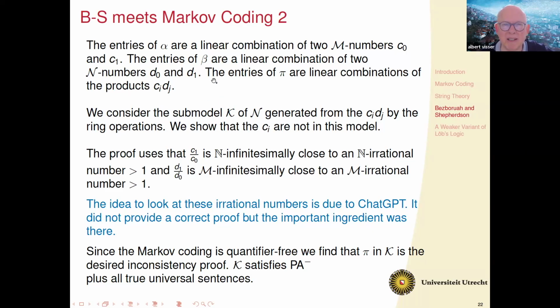But it's interesting to see that the fact that Q does not prove its own consistency, they're really corollaries from quite different things, right? Because the Bezboruah-Shepherdson proof is hereditary, it projects downwards. So from Bezboruah-Shepherdson it follows that the theory doesn't prove the consistency of this very weak theory, and hence it doesn't prove its own consistency.